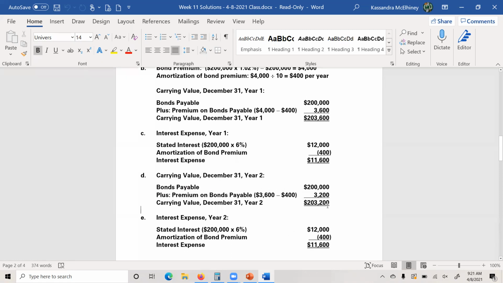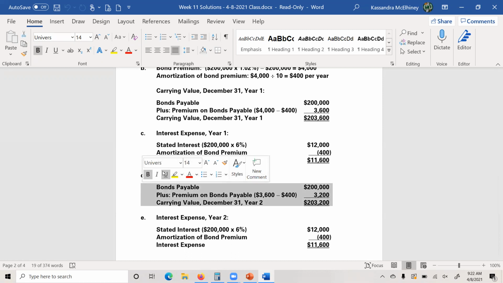So we would be left with a carrying value between the bonds and the premium on bonds payable of $200,000 plus the premium of $3,200. Carrying value, the sum of those two numbers, $203,200. This is what would be recorded on the balance sheet pertaining to the bonds payable. Excuse me.